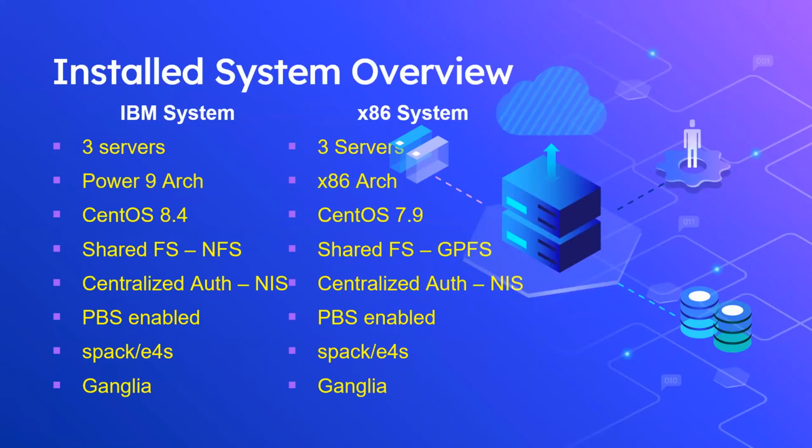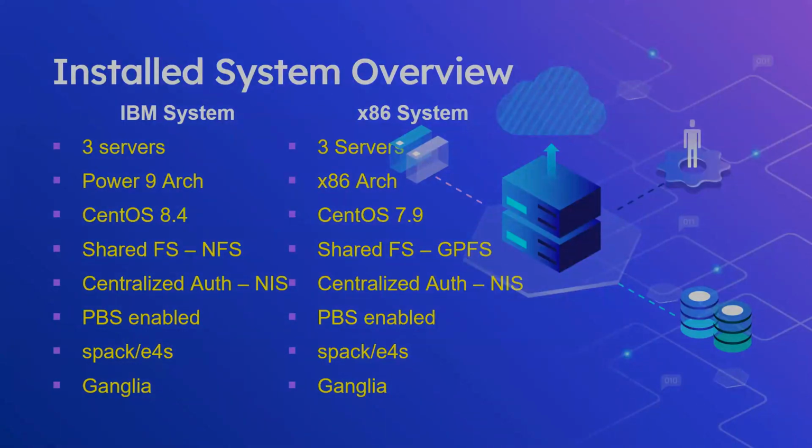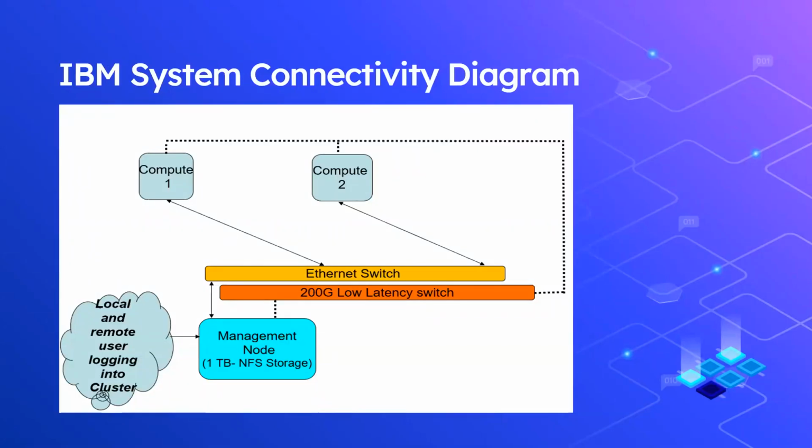So this is the connectivity diagram. We have 3 nodes, one of which acts as the management or master node, sharing 1 TB of network file system to all the systems across the network, which is connected to an Ethernet switch as well as the 200 Gbps low latency switch, which is also called the InfiniBand switch, for faster data transfer.